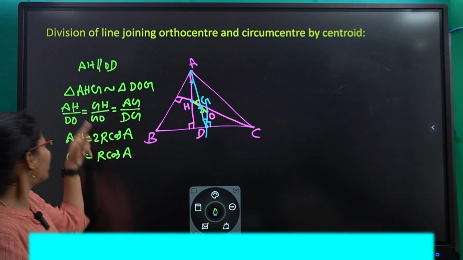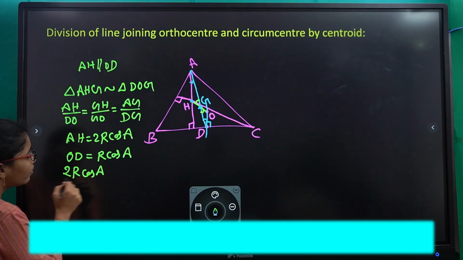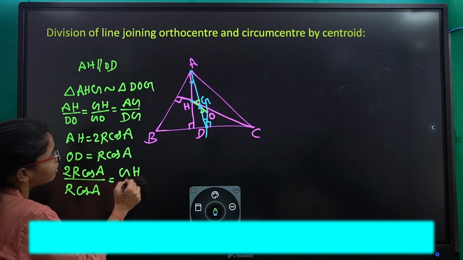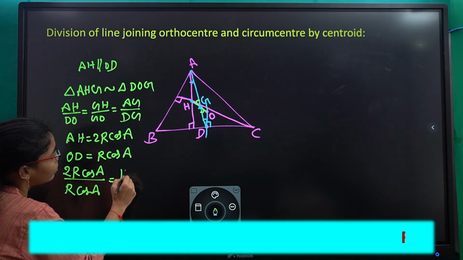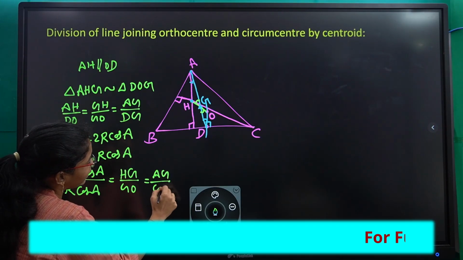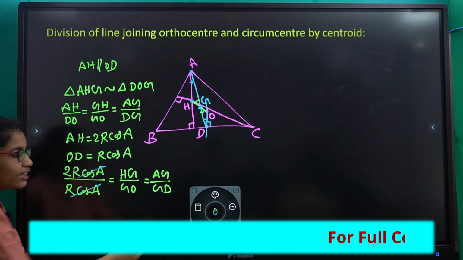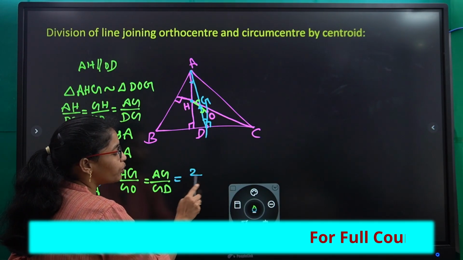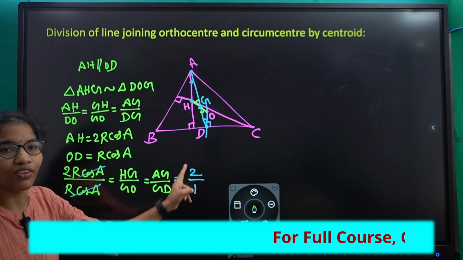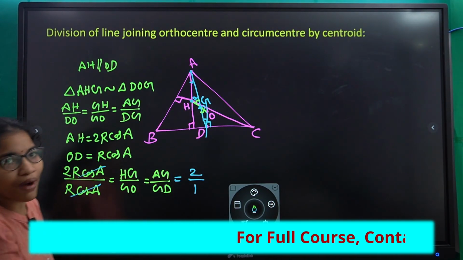Now substitute here AH by OD. So 2R cos A by R cos A equals GH or HG by GO, which equals AZ by ZD, right? So R cos A got cancelled. So what is the ratio? It equals the 2:1 ratio. So that means here HG by ZO is 2:1. So HG is 2 parts, ZO is 1 part, right?